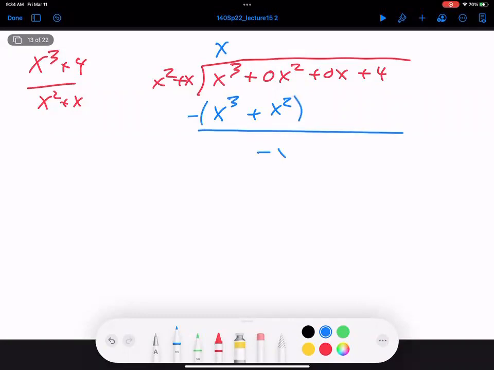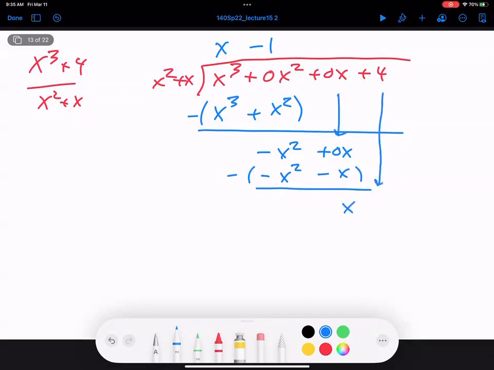And so I get negative x squared. I bring down 0x. What do I have to multiply by? By negative 1. And then I would get negative x squared minus x. I subtract that. I'll be left with x. Now I bring down the 4.